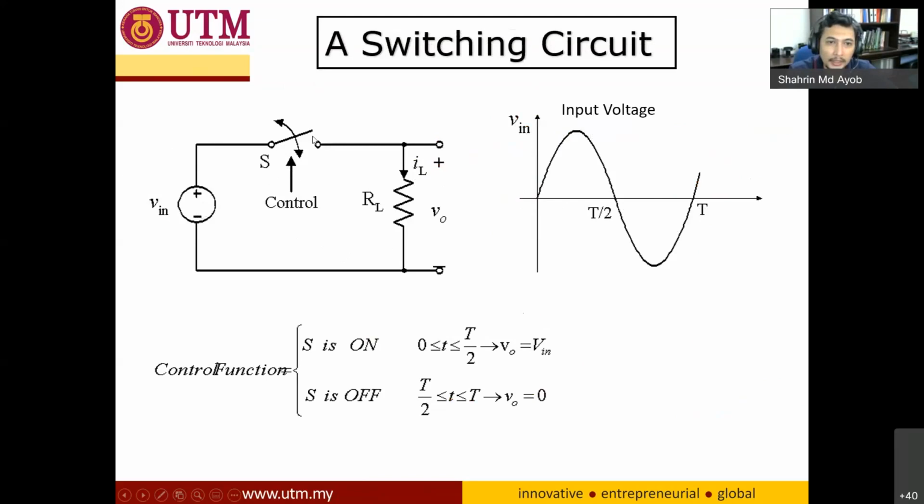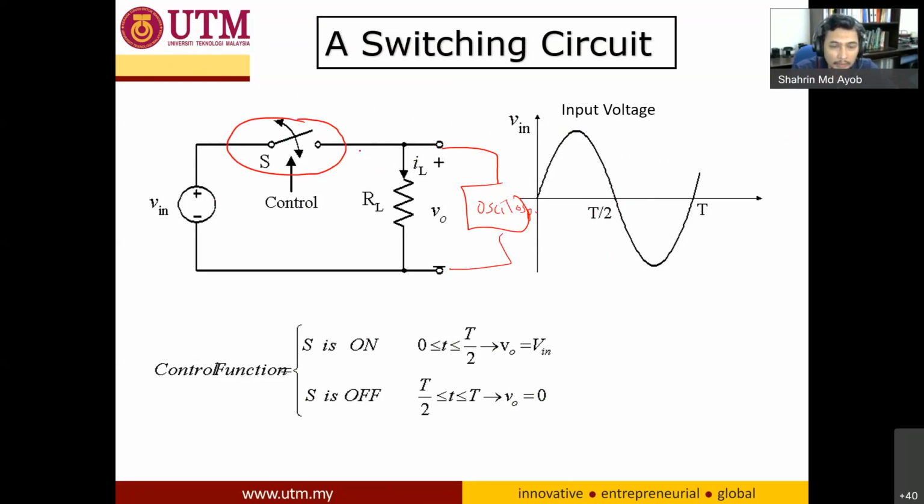We have a resistor as a load, and these two terminals are open circuit terminals just for measurement purposes. Here you can put an oscilloscope to see the waveform at the output side. And this is the power electronic device.